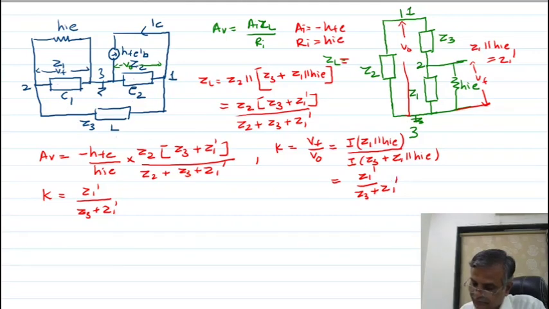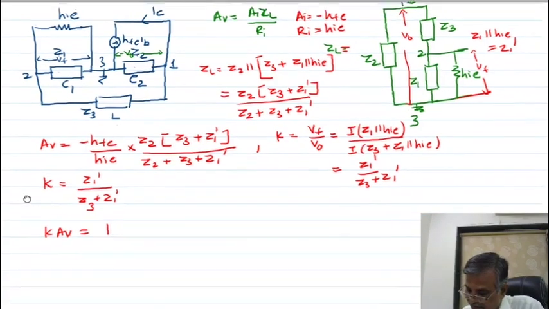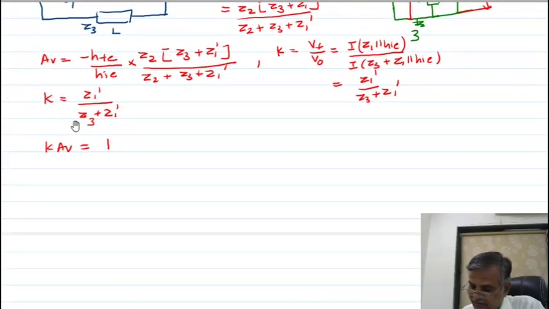Now, let us simplify. K AV should be 1. Loop gain should be real for sustained oscillation. Positive feedback should be there, meaning total phase shift is 0 or 360. Second, loop gain should be 1. So let us put the value of K and AV in this equation.